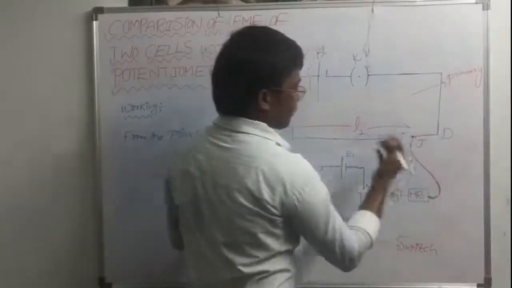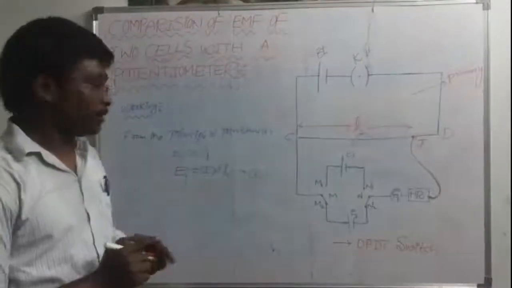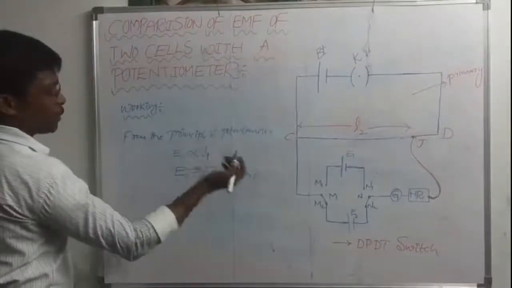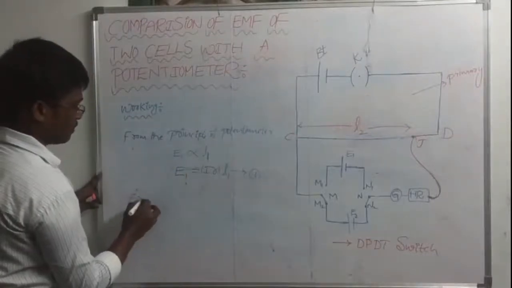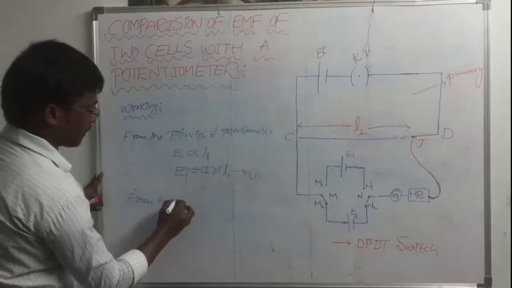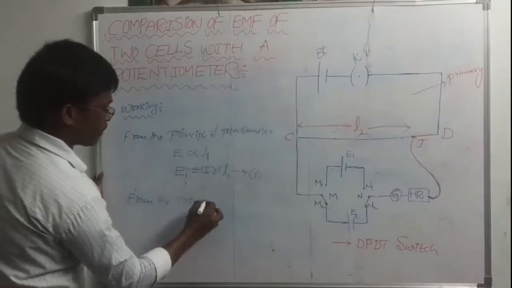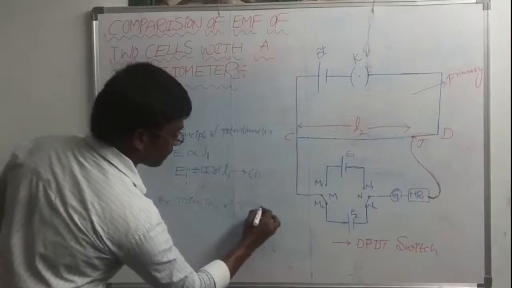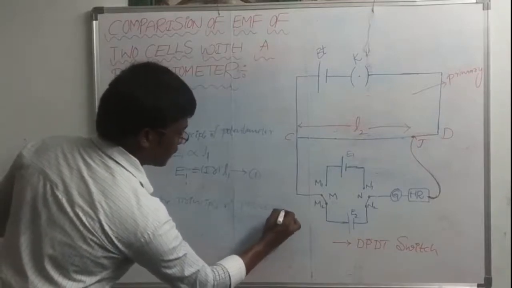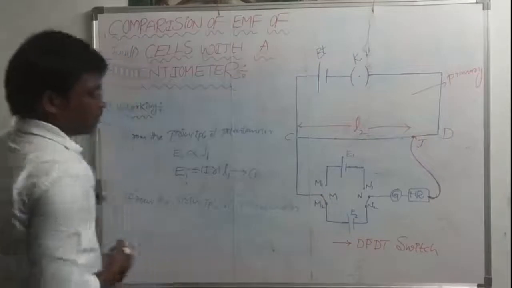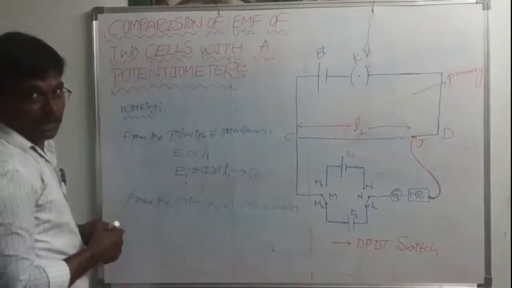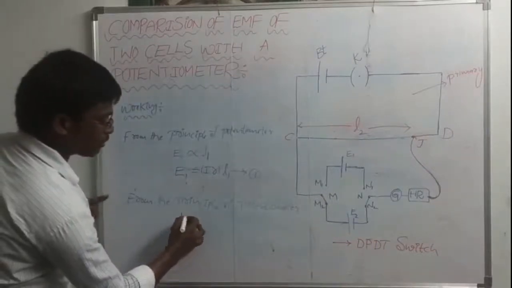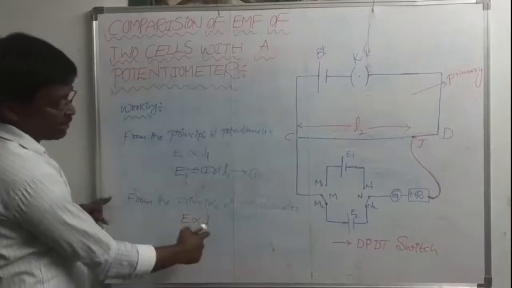Same here, this is the balancing length. From the principle of potentiometer, what is the principle? E is directly proportional to L. EMF is directly proportional to balancing length.